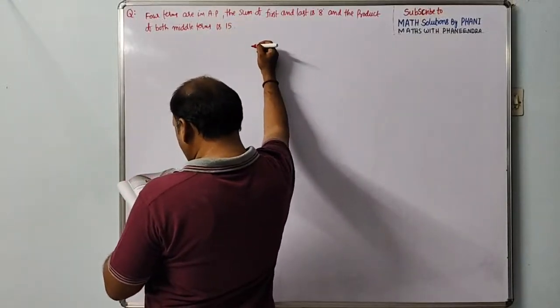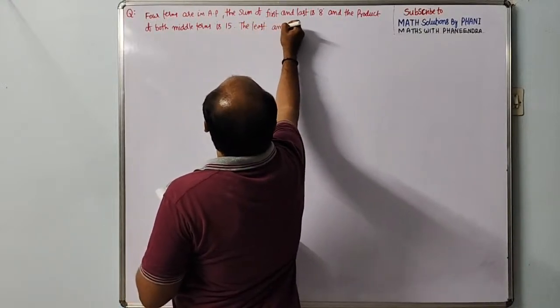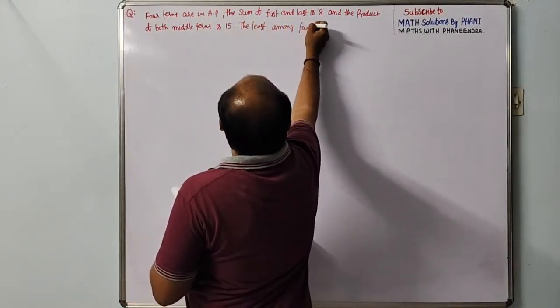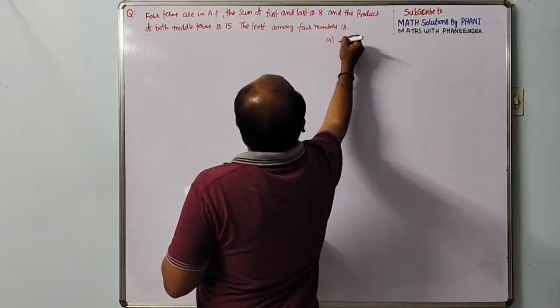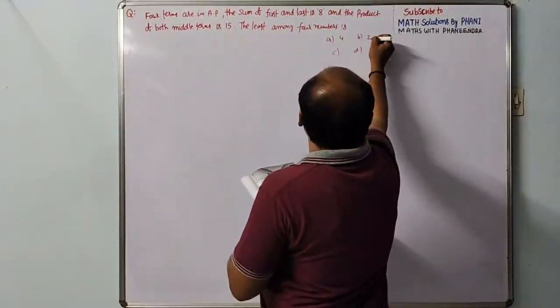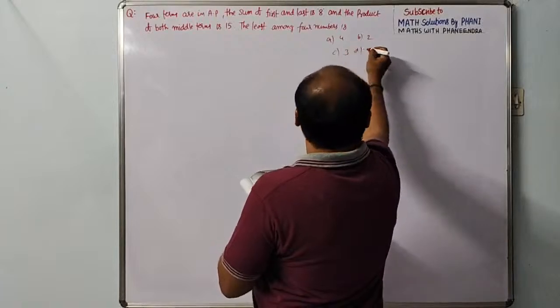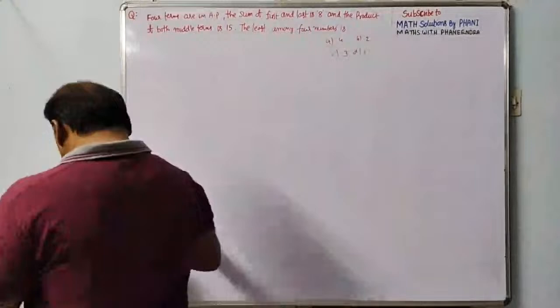The least among the four numbers is: options 4, 2, 3, 1. Don't think about which one among those options is least.